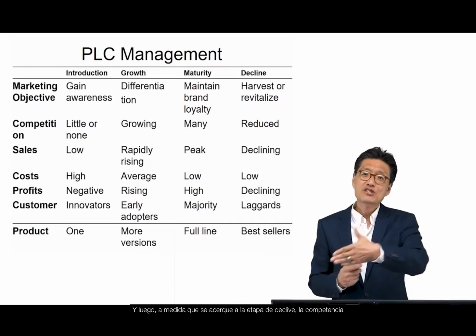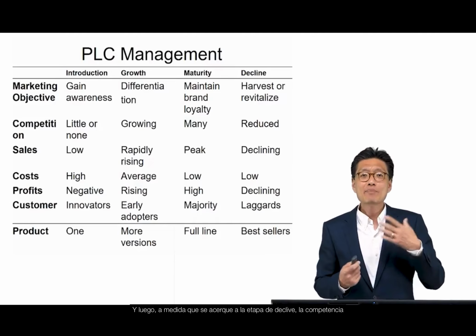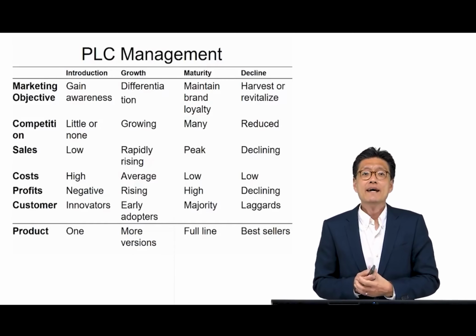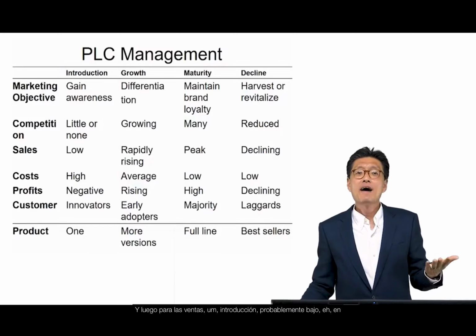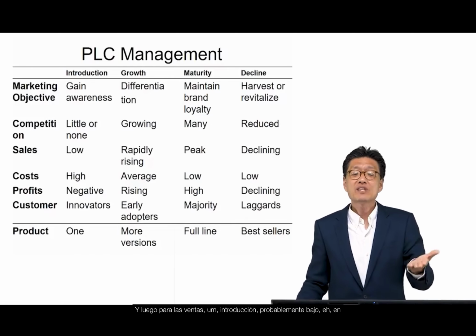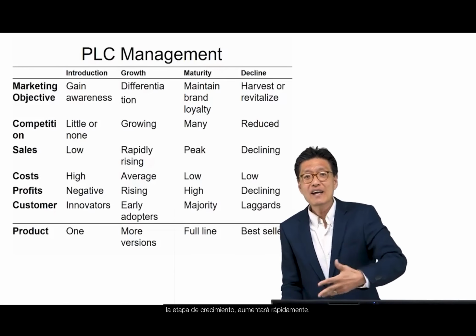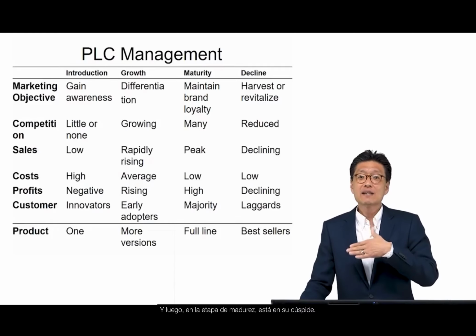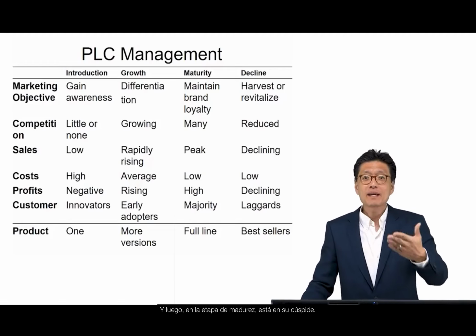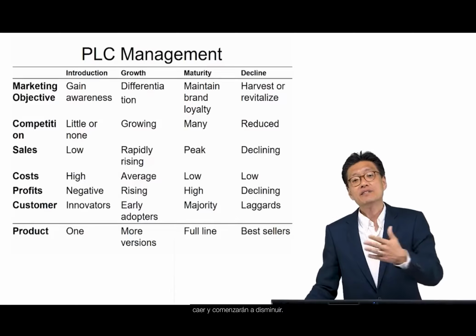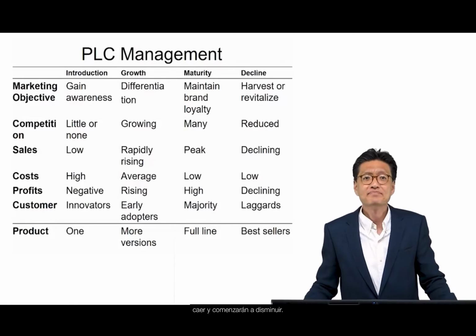And as you approach the decline stage, the competition will be diminished as well. And then for sales, introduction is probably low. In the growth stage, it'll be rapidly rising. At the maturity stage, it's at its apex, its peak. And in the decline stage, the sales will start to dip and taper off.